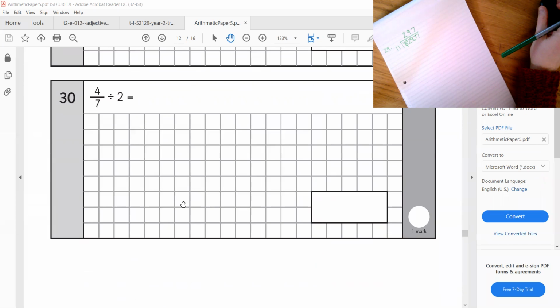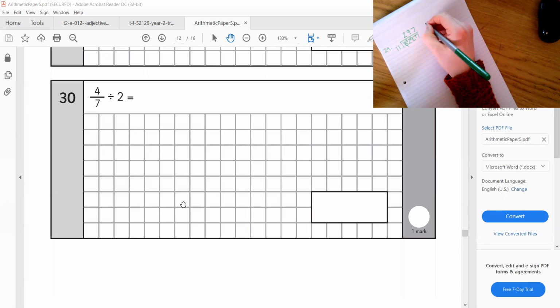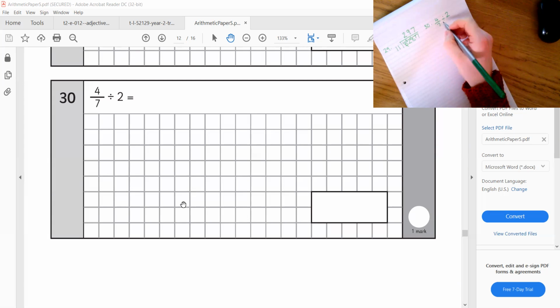Question number 30. There's 4/7 divided by 2. I love this because remember, whenever you come to dividing, you keep, change, flip. You change that to times. And I flip this. That's the same as having 2 over 1, isn't it?